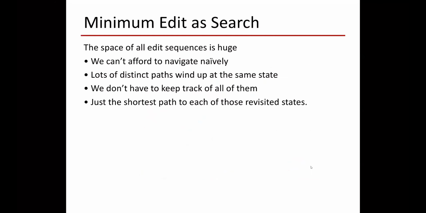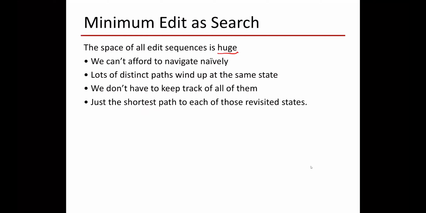All right. So minimum edit distance as a search. Every day we are using edit distance when we type something and Google search recommends something. So by using edit distance 3 and 4, Google can find the dictionary word or the commonly searched word. The space of all edited sequences is huge.